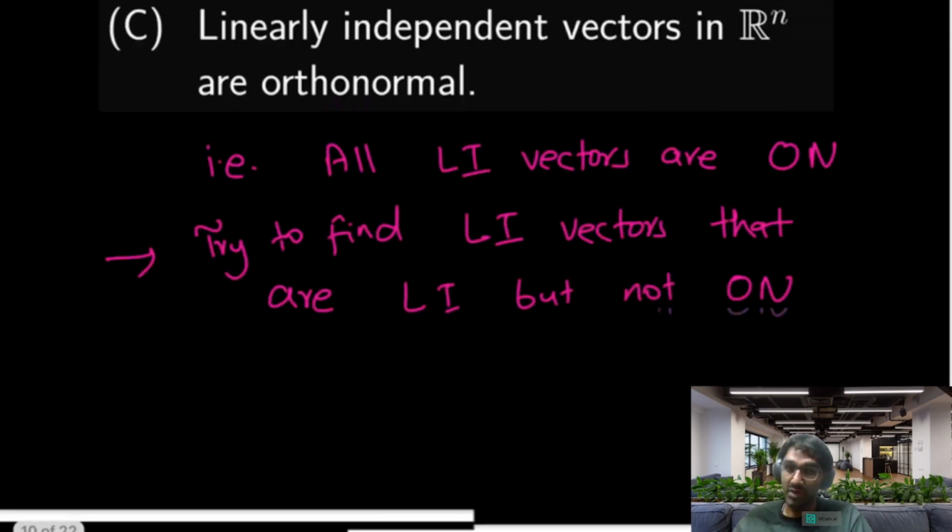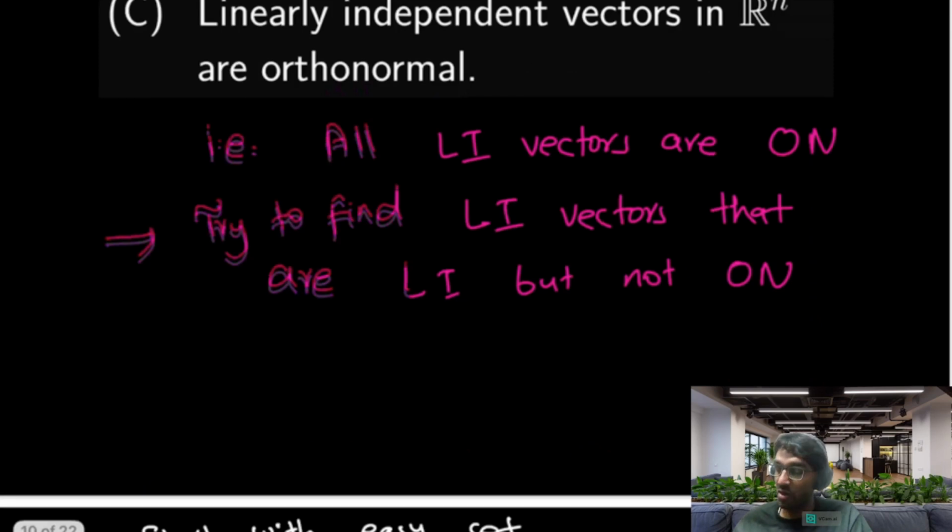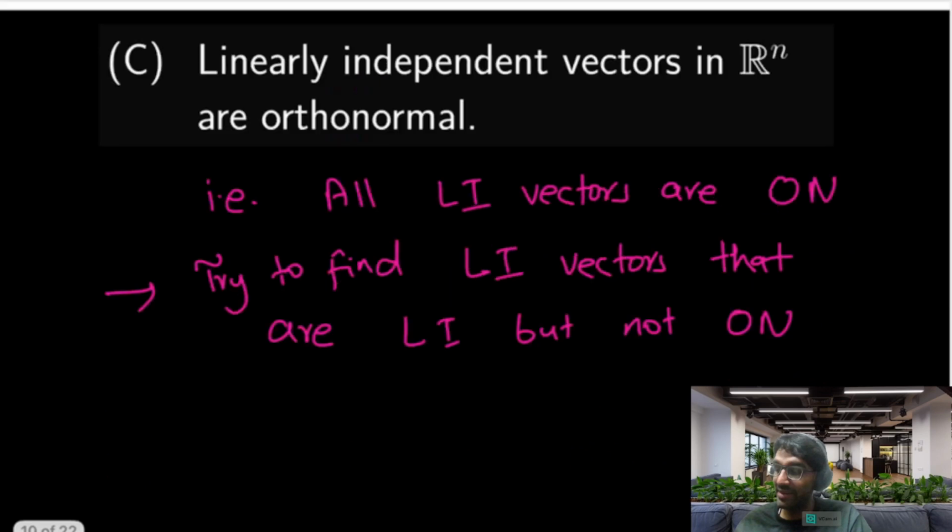Let's see option C. Option C says that linearly independent vectors in Rn are orthonormal. So the statement says that all the linearly independent vectors are also orthonormal in Rn. We will go by a similar step and try to find a counterexample for this statement.